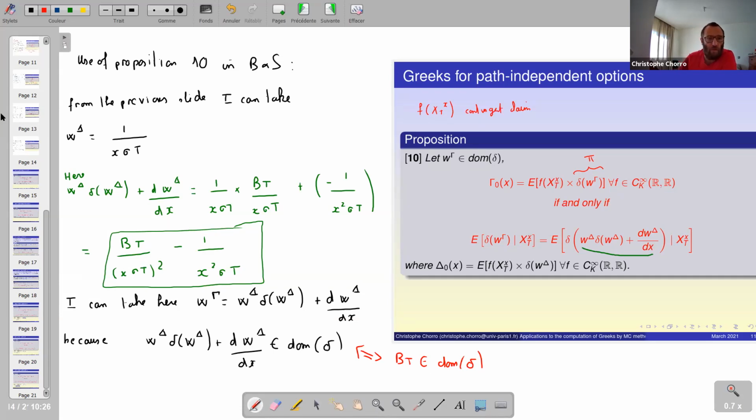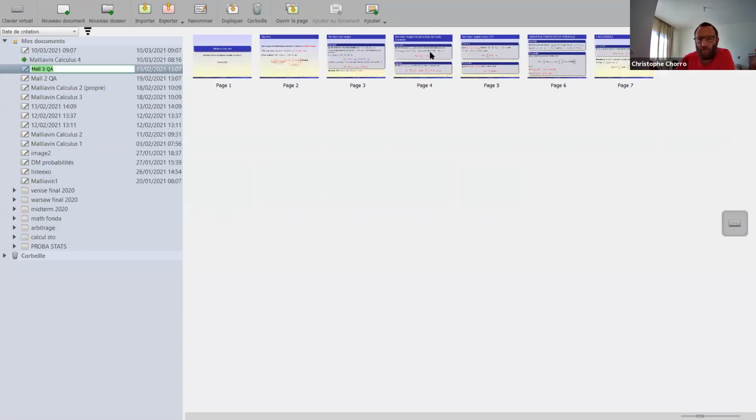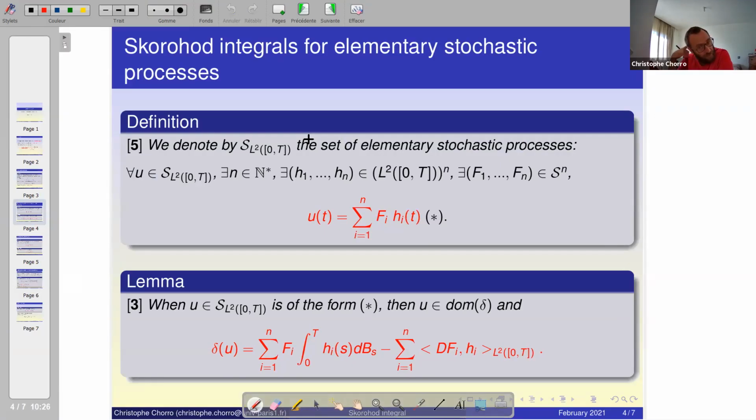But let's come back to my previous course. I have the definition of delta, and I have also checked that elementary stochastic processes of this form are in the domain of delta. And what are elementary stochastic processes? They are processes that are linear combinations of an elementary random variable multiplied by an element in L2 of 0 capital T. So here I can take n equal to 1.